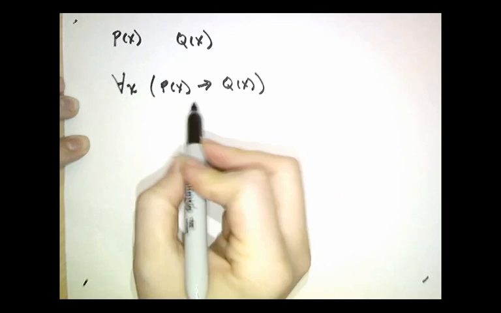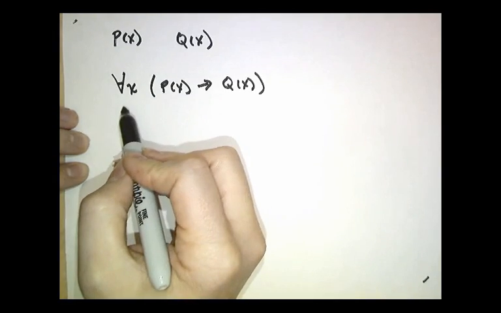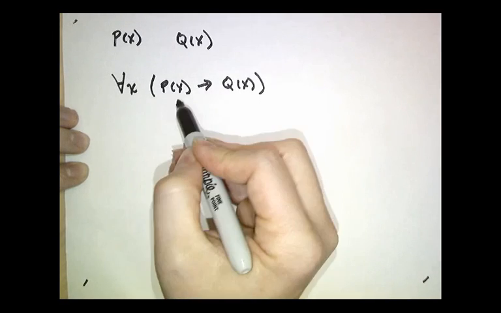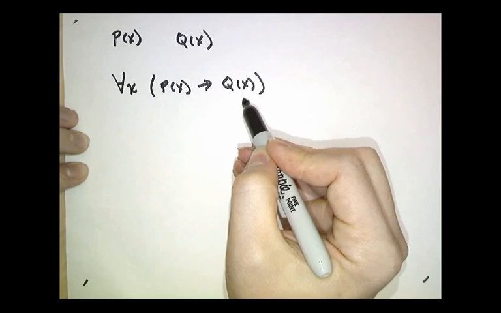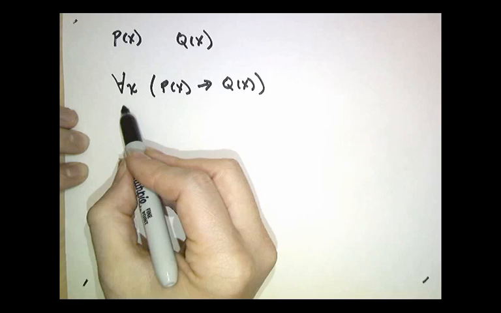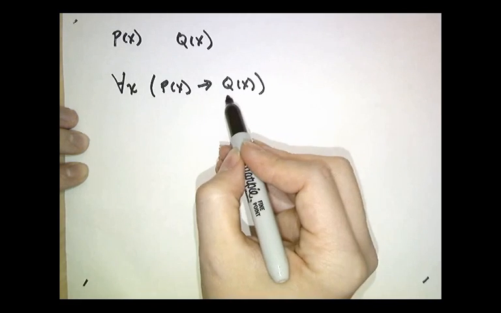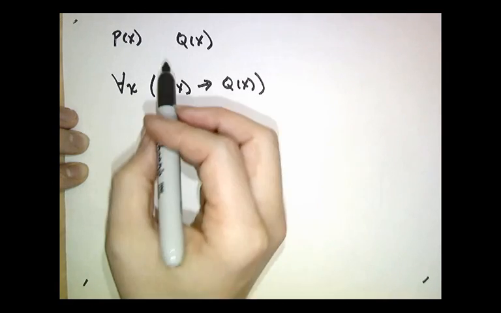This right arrow here is read implies. I like to think of this as saying the following. Is it the case that for every x, if p of x is true, then q of x is true? Or is it the case that for every x in the domain, whenever p of x is true, q of x is true? If so, this statement is true.